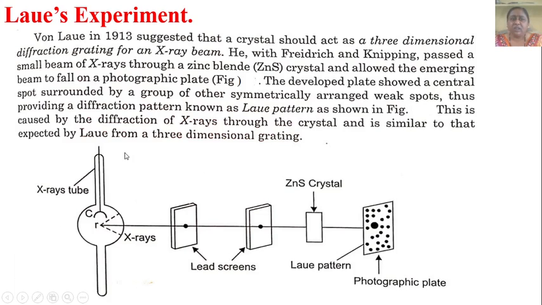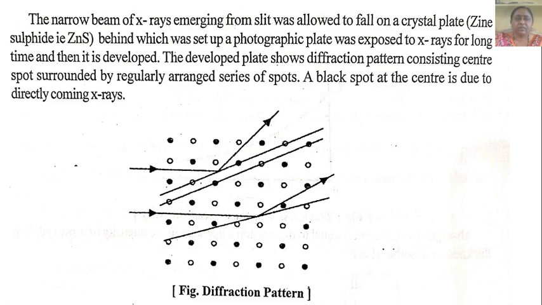This is caused by the diffraction of X-rays through the crystal and is similar to that expected by Laue from a three-dimensional grating. The narrow beam of X-ray emerging from the slit was allowed to fall on a crystal plate, that is zinc sulfide, ZnS, behind which a photographic plate was set and exposed to X-rays for a long time, and then it is developed.